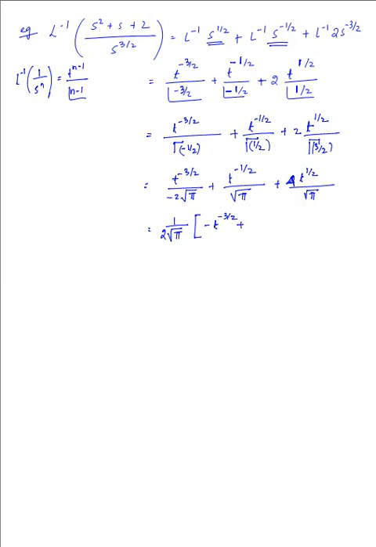Then we have 2 times t raised to the power minus half, and then we have 8 times t raised to the power half. So this is what we get by the inverse Laplace transform of what was given.